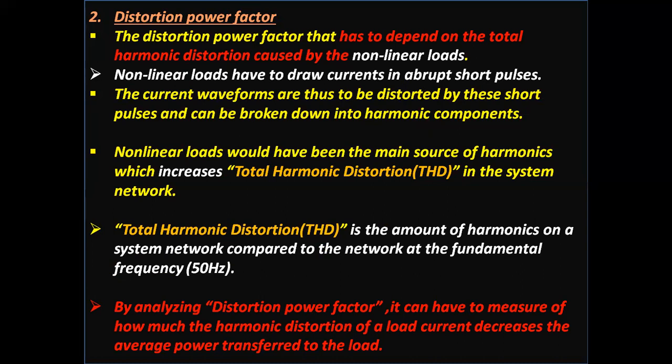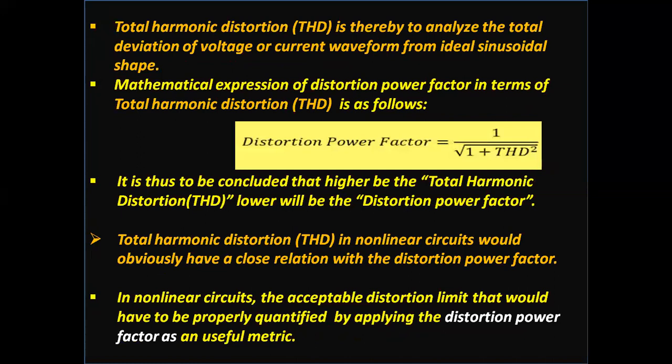By analyzing distortion power factor, we can measure how much the harmonic distortion of a load current decreases the average power transferred to the load. Total harmonic distortion thereby analyzes the total deviation of a voltage or current waveform from the ideal sinusoidal shape.